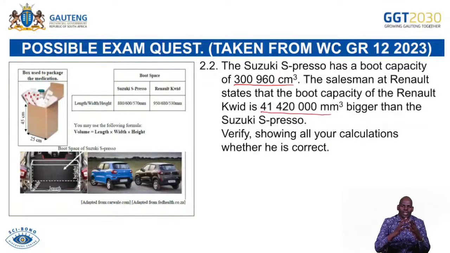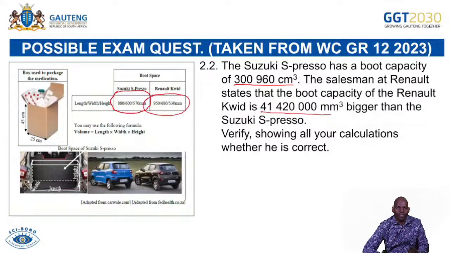We have to calculate the difference of the capacities. For the Suzuki S-Presso, it's already been calculated, but now we need to calculate the capacity of the Kwid.